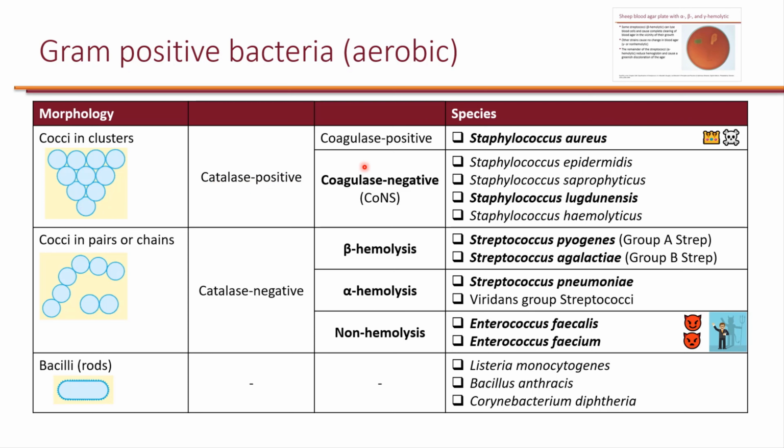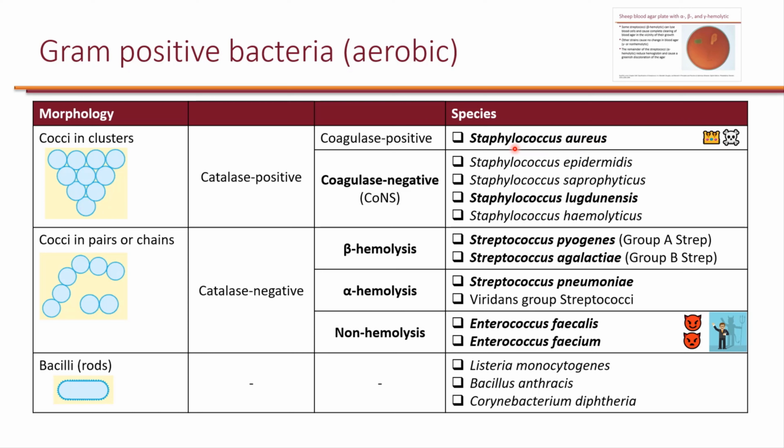And then on top of that, in the microlab, they can do a coagulase test. And if you have coagulase positive, then you have a very important, clinically important organism, Staphylococcus aureus. Okay, and the reason we're talking about this is because it takes some time to identify what the organism is.